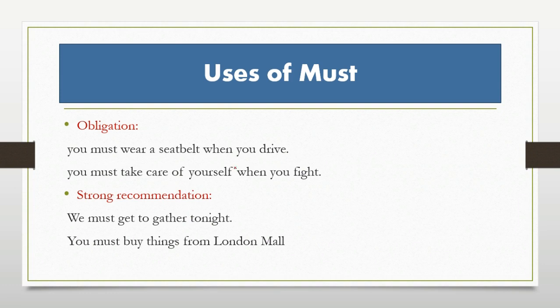The next one is uses of must. Instead of must, up to some extent we can also use have to. So it is used for obligation. You must wear a seat belt when you drive. Here the same formula applies: subject plus must plus first form of verb and then object.